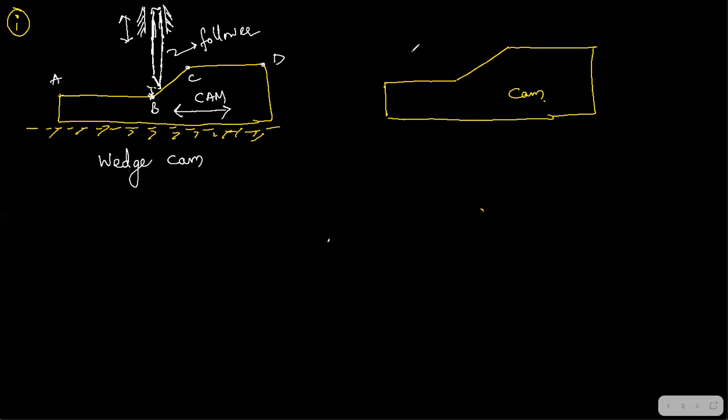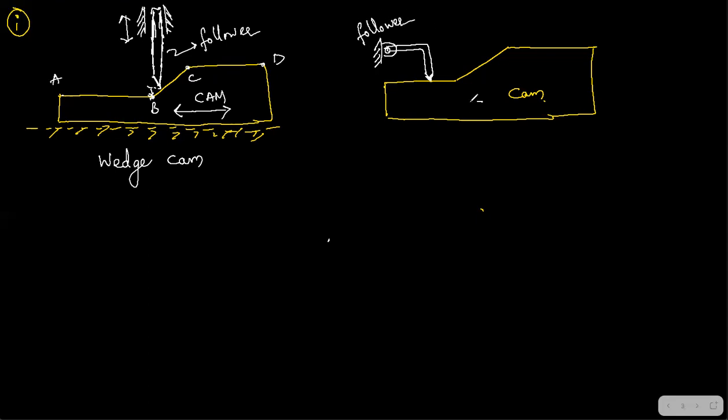Let's say that the follower we are going to study right now looks something like this. And this is the pivot about which it's going to rotate. So this is the follower.